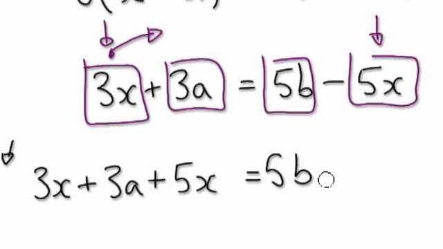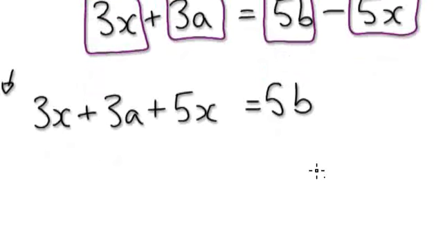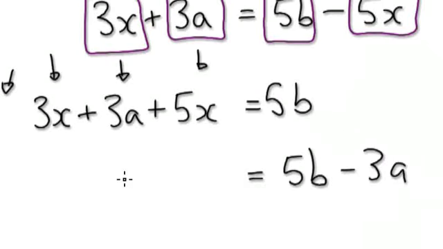Now you've got x here and x here. This is classed as rubbish, so let's take away 3a from both sides.